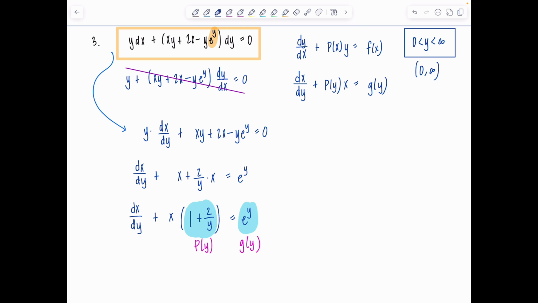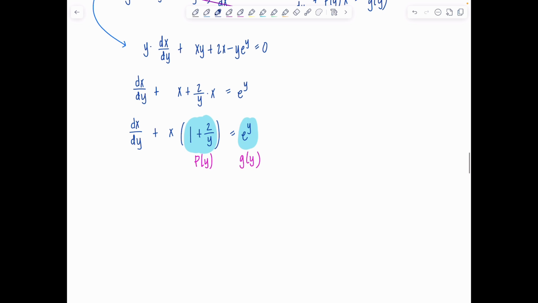Beautiful. So now let's go ahead, let's find our integrating factor. So mu of y this time, it's not mu of x, is e raised to the integral of 1 plus 2 over y dy, which is going to be e to the y plus 2 ln absolute value of y.